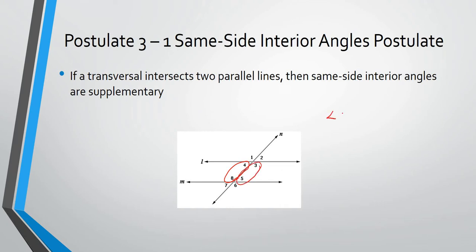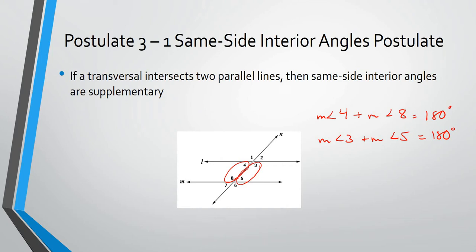So the measure of angle 4 plus the measure of angle 8 equals 180 degrees. Same way, the measure of angle 3 plus the measure of angle 5 is 180 degrees. So same side interior angles add up to 180.